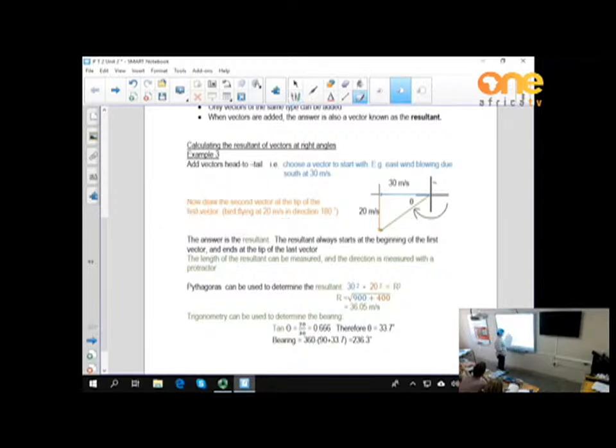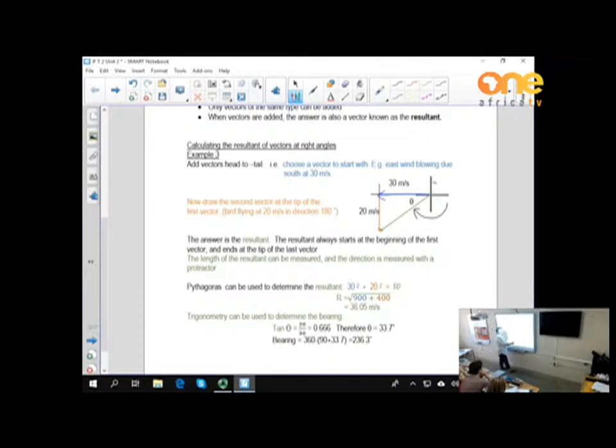It's fairly easy if the forces work in the same horizontal plane or vertical line. If they are directly in the same direction or directly opposite each other, we just add or subtract them. The problem comes in when they work at an angle to each other. Here we have one force, a velocity of 30 meters per second. In which direction would that be? West.